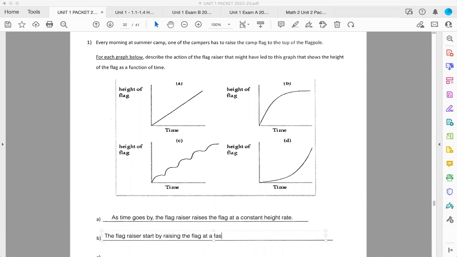At a fast rate. And as time goes by, he or she basically slows the process down.